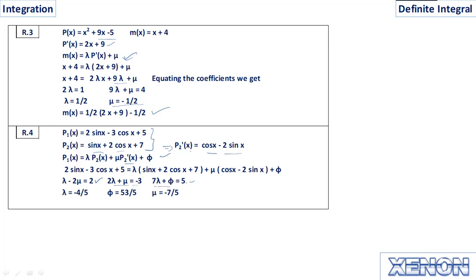Actually we have 3 equations and 3 unknowns. Solving the first and second, we get lambda equals minus 4 upon 5 and mu equals minus 7 upon 5. When we put lambda equals minus 4 upon 5 in the equation 7 lambda plus phi equals 5, we get phi equals 53 upon 5.